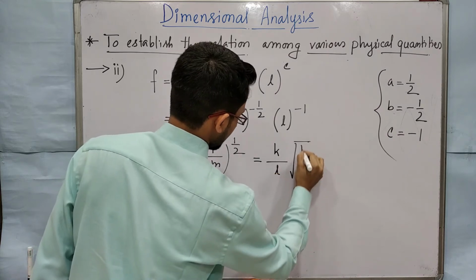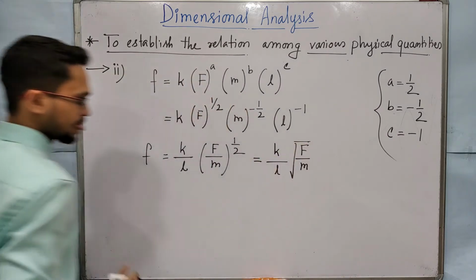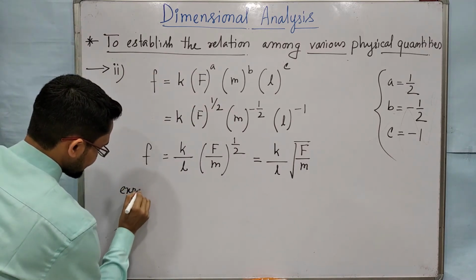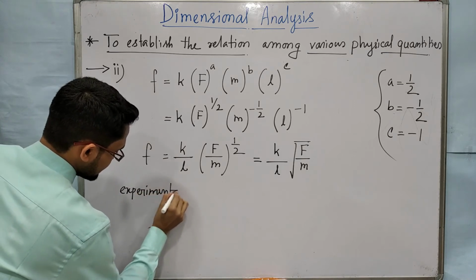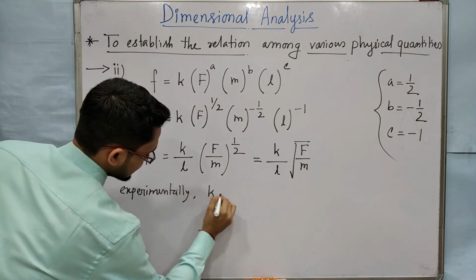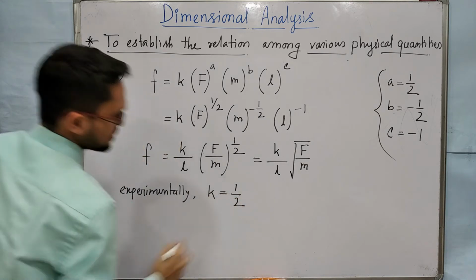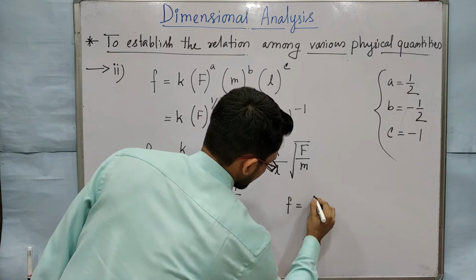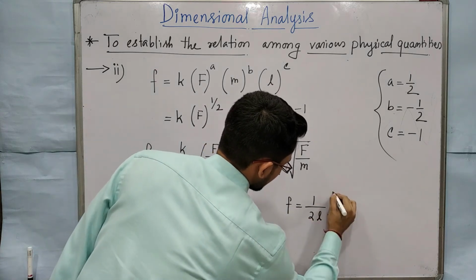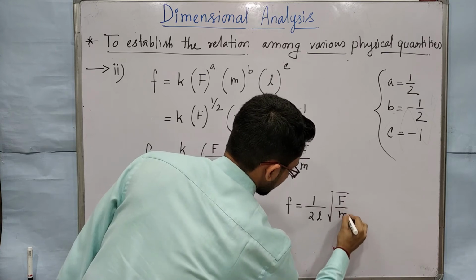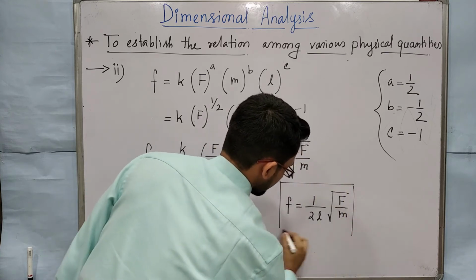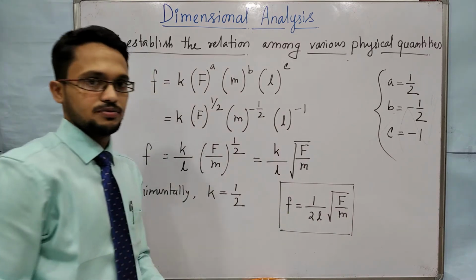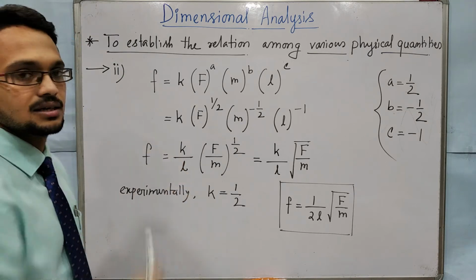And we get experimentally k, this dimensionless constant, equal to half. This is our experimental one. So f becomes 1 by 2l root over F by m. This is the proper expression. This is the relation that we want to find from that problem.